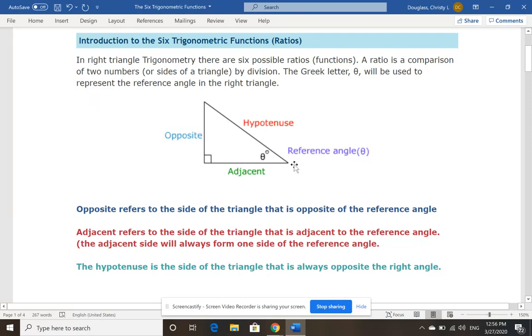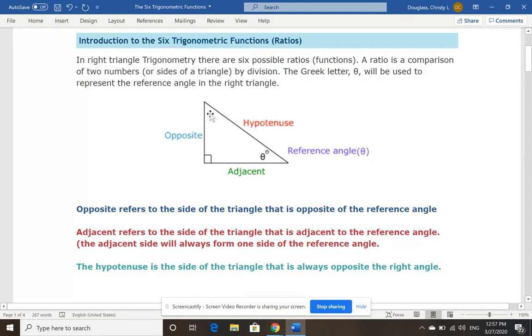Now, the thing to note is if I were to change my reference angle, let's say the angle that I'm interested in is this one here at the top of the triangle.